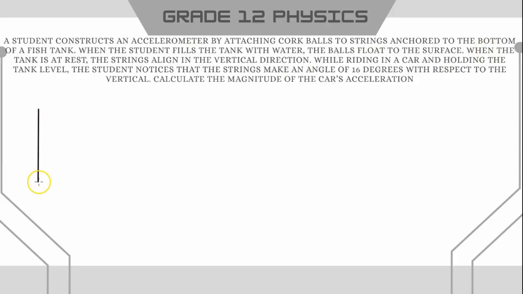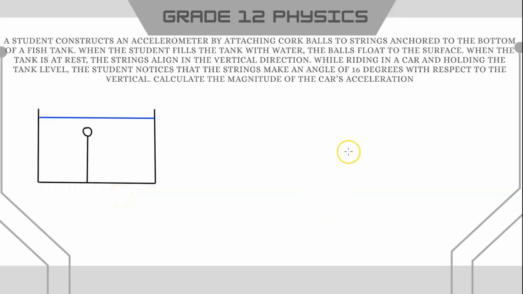So they have a fish tank, and let me just draw the water level, and then in the fish tank they take a string, fix it to the bottom, and then they attach some sort of cork ball on the end, and so it floats.